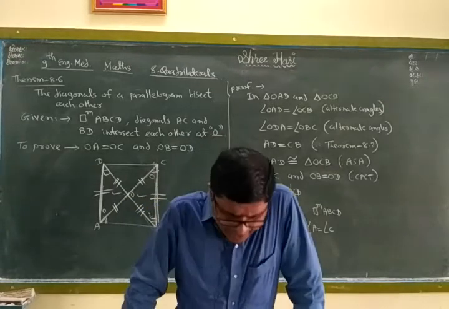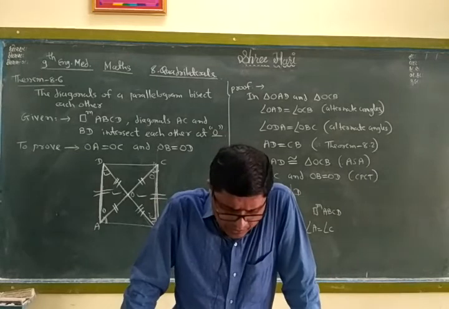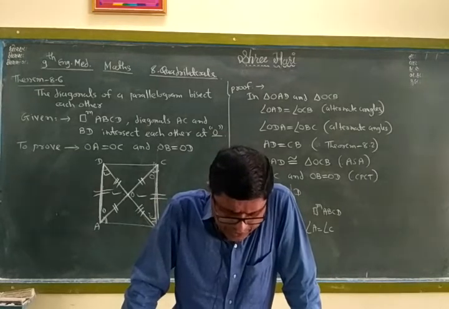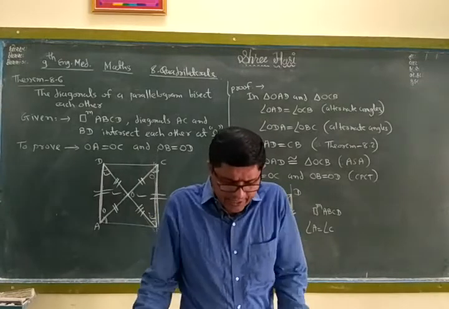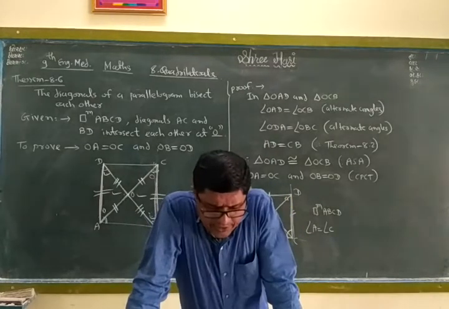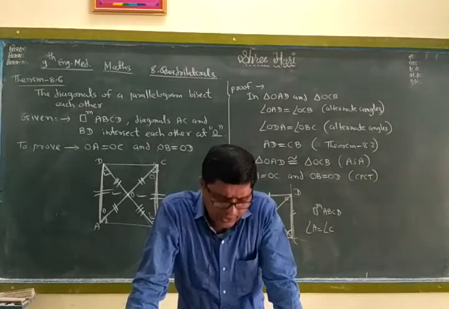Here the line segment joining the midpoints of two sides of a triangle is parallel to the third side. Moreover, it is half of the third side.